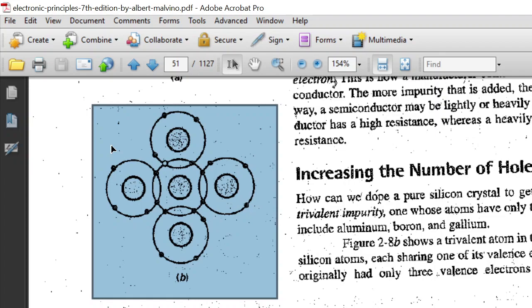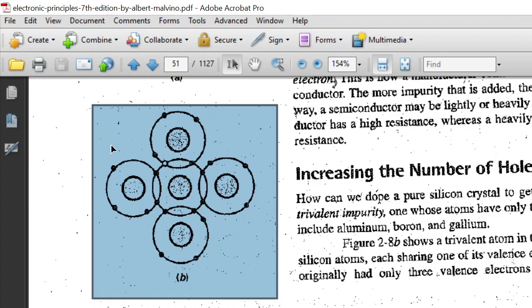It will accept an electron from an adjacent atom and fill itself in, and from where the electron has come out, a hole will be created there. In this way, we are actually creating holes in the valence shell of the trivalent atoms, which we are adding as an impurity in the silicon crystal. So please remember that the holes are getting created at the valence shell of the trivalent atoms.